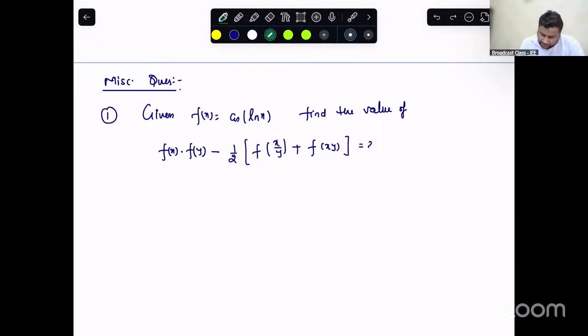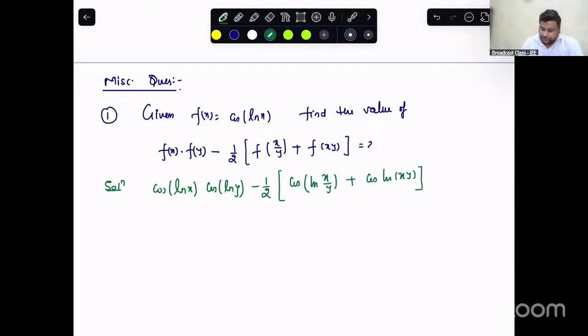Now see. Cos of ln x, f(x) is given to you. They're asking for its value. See. Cos of ln x, cos of ln y minus half of cos of ln (x upon y) plus cos of ln (xy).